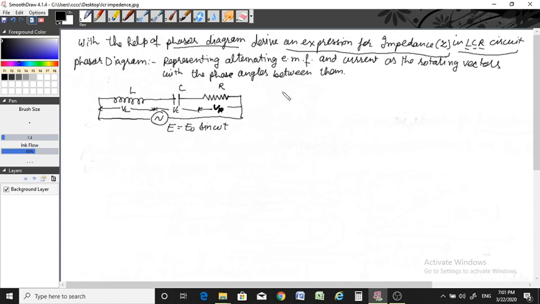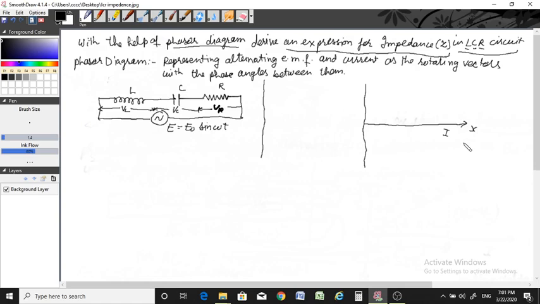Now I will draw the phasor diagram. This diagram is also very simple. Suppose this is a graph line along the x-axis, and along this line we represent current I due to potential VR.